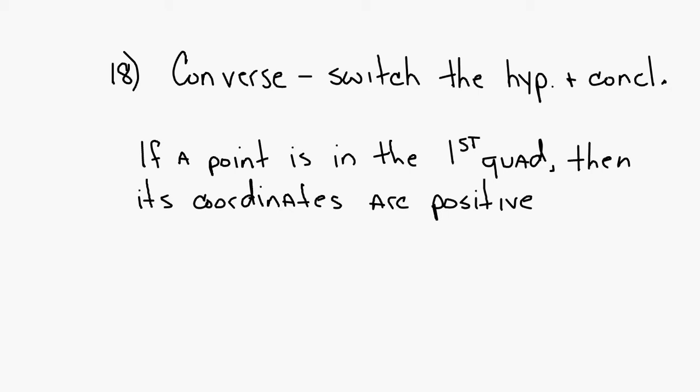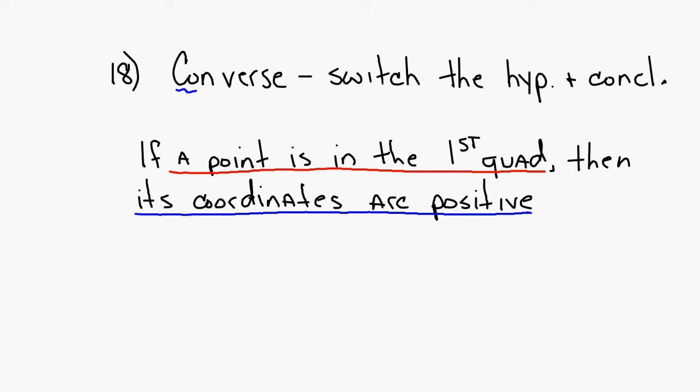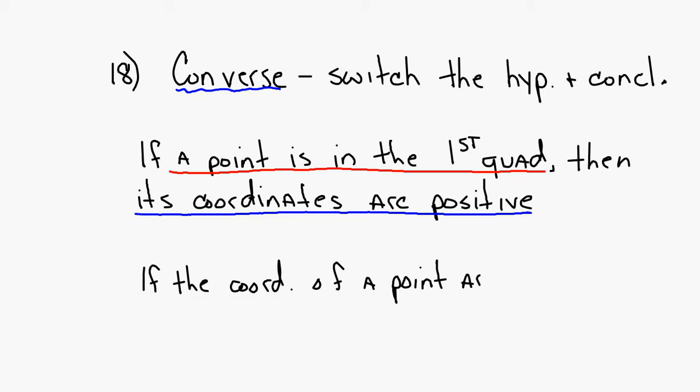So this red right here would be the hypothesis, and the blue would be the conclusion. So when you're writing a converse of a statement, you switch the hypothesis and the conclusion. So you're looking for a multiple choice answer that says something along the lines of, if the coordinates of a point are positive, then it is in the first quadrant.